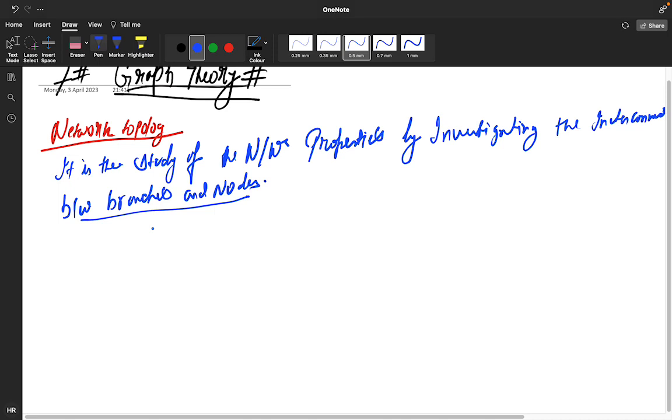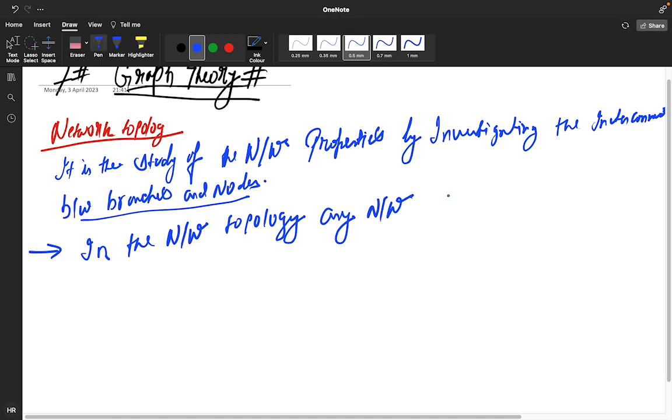In the network topology, any network can be replaced by a graph. Write it down. In the network topology, any network can be replaced by a graph.